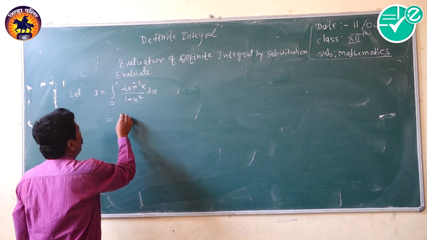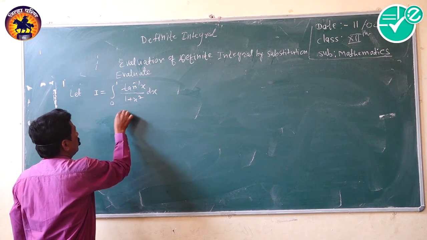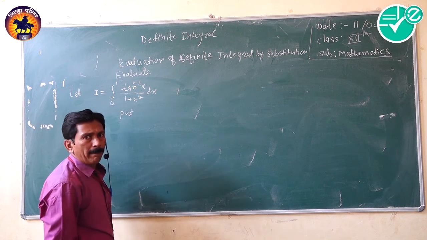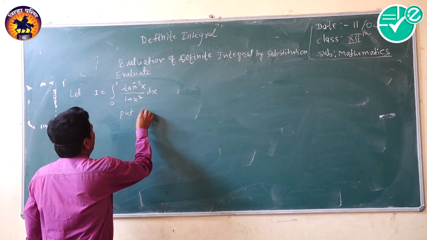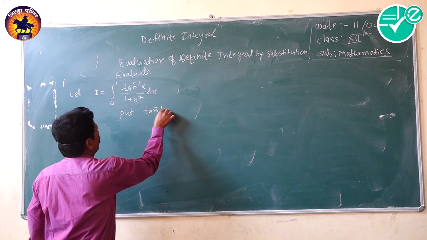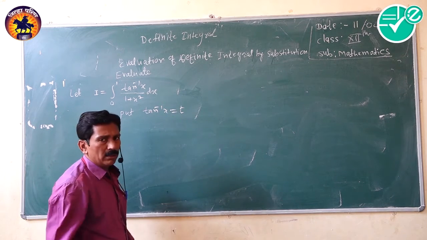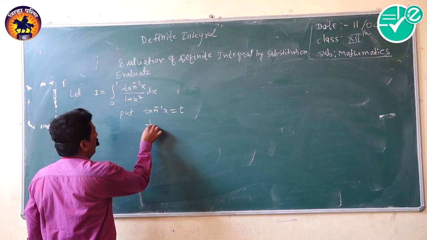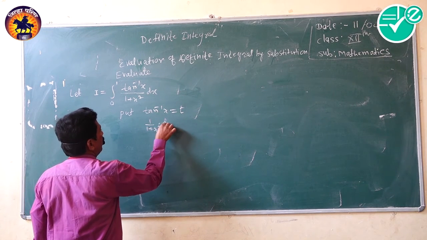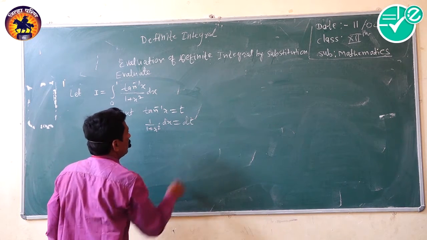Put tan inverse x is equal to t. Therefore, derivative of this, 1 by 1 plus x square into dx is equal to dt.